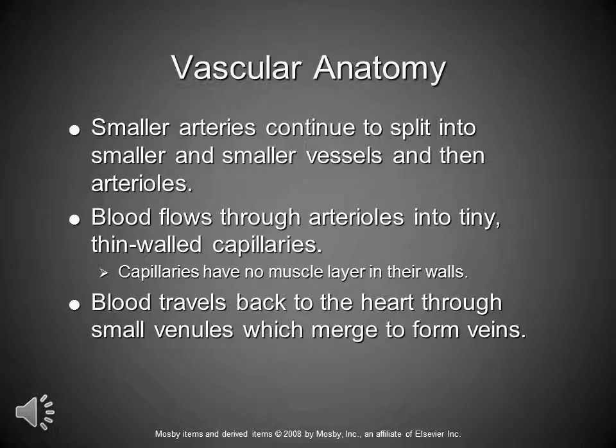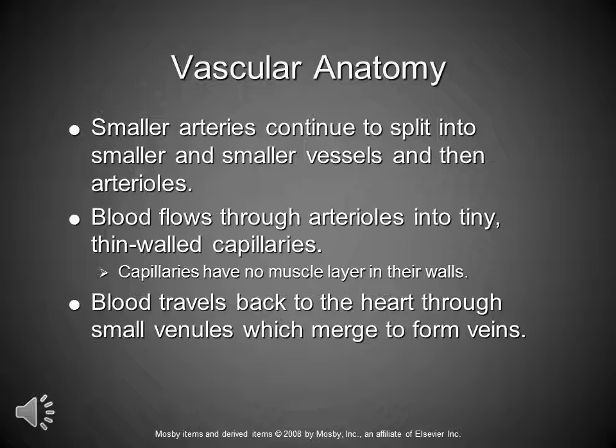Vascular anatomy, remember that smaller arteries continue to split into smaller and smaller vessels down into arterioles. Arterioles meaning small arteries. Blood flows through arterioles into tiny, thin-walled capillaries. Capillaries have no muscle layer in their walls. They're extremely thin.